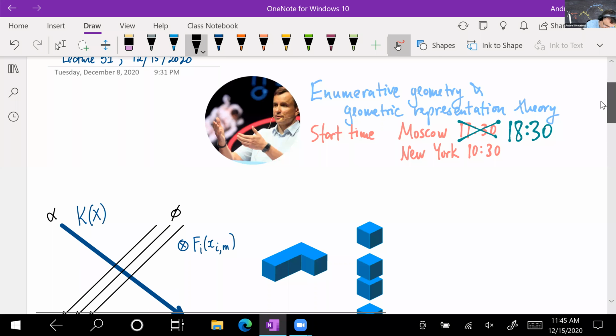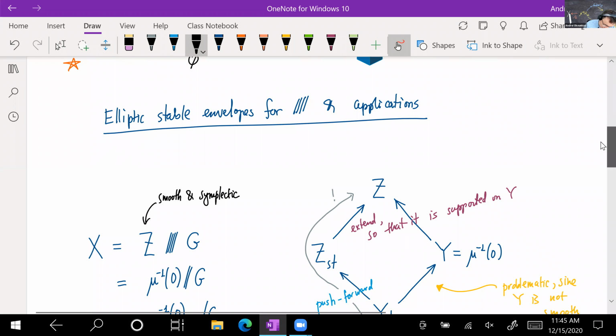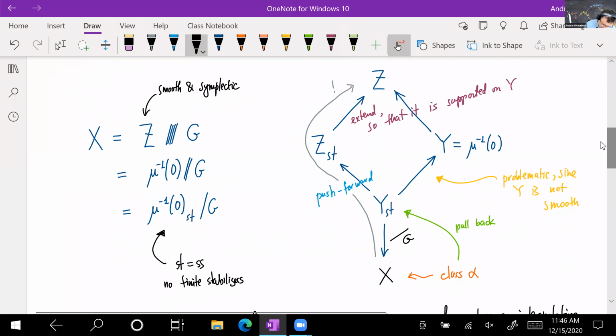And what is that line bundle? If you think about this diagram here, so here you had a section.